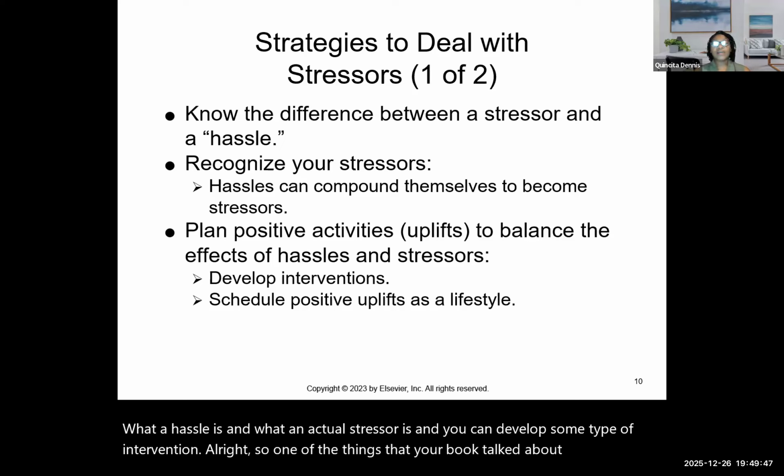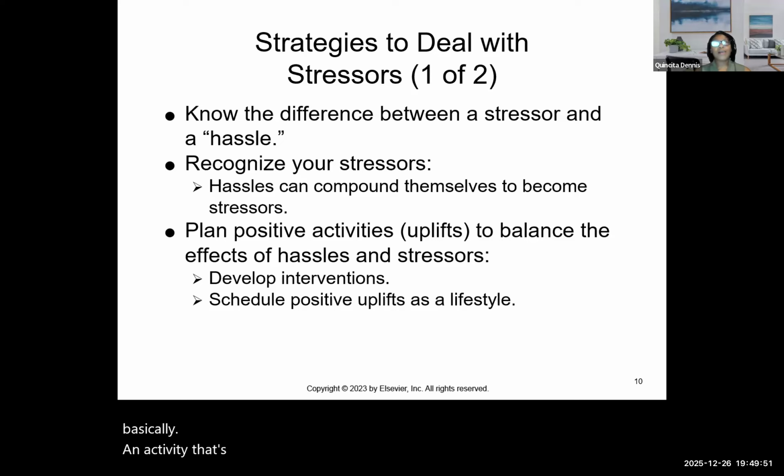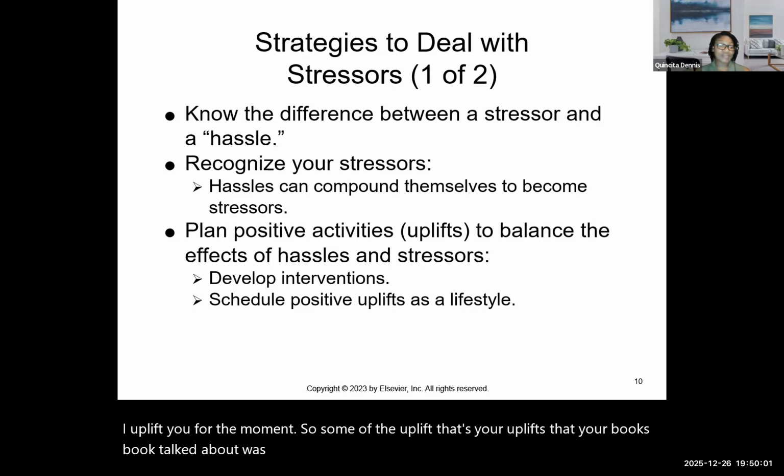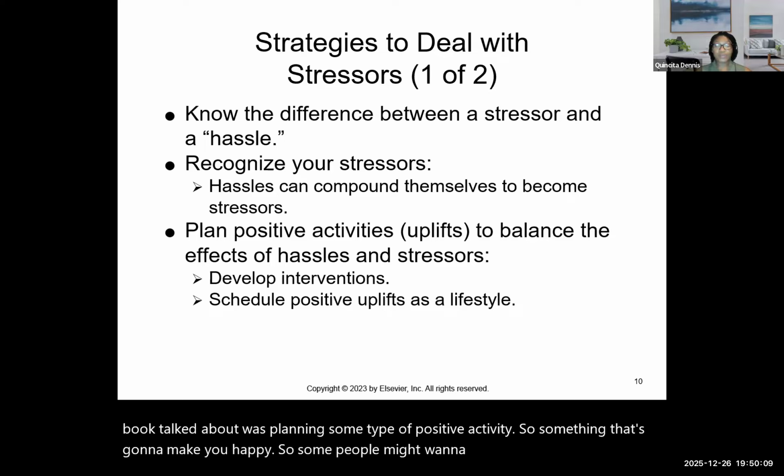All right, so one of the things that your book talked about is uplifts. So basically an activity that's going to uplift you for the moment. So some of the uplifts that your book talked about was planning some type of positive activity. So something that's going to make you happy. Some people might want to just relax or take a nap, whereas some people might want to go for a jog.